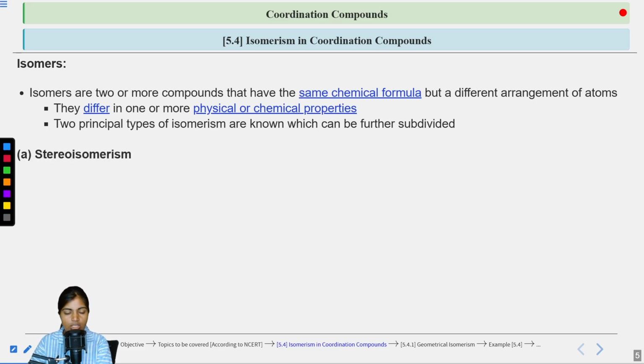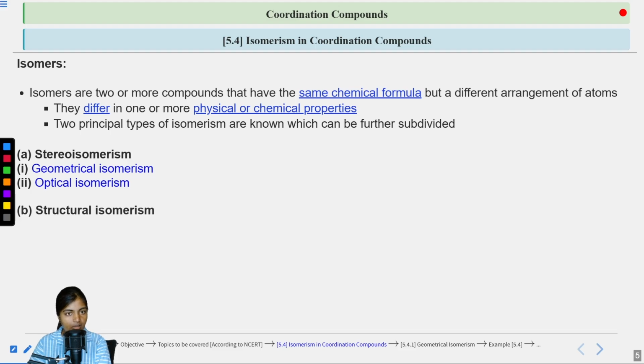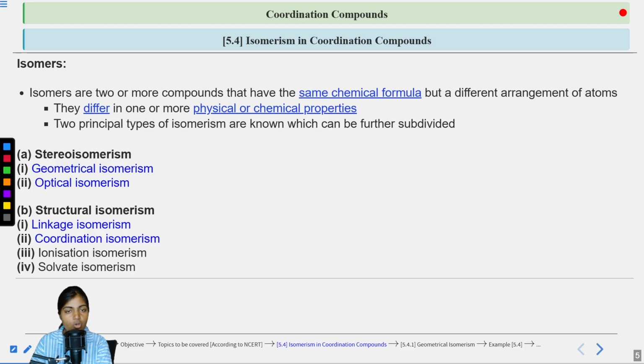The first principal type is stereoisomerism, in which we cover geometrical isomerism and then optical isomerism. The second principal type is structural isomerism, which we can subdivide into linkage isomerism, coordination isomerism, ionization isomerism, and lastly solvate isomerism.